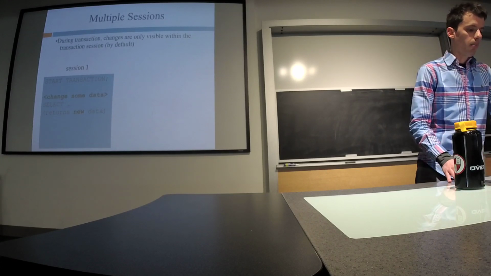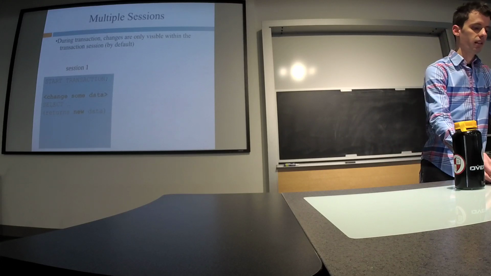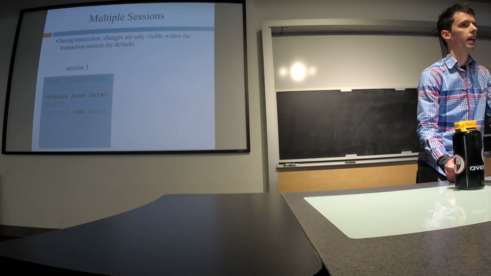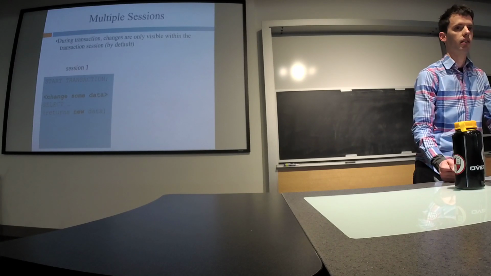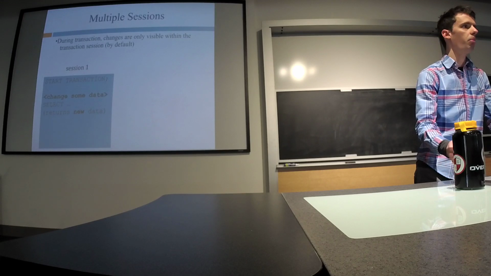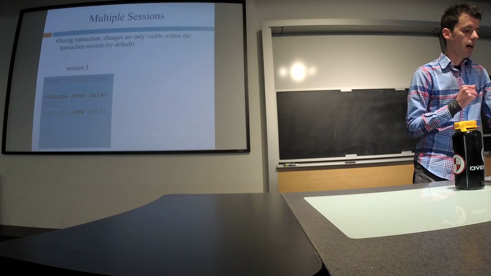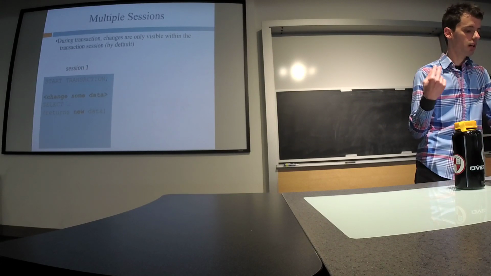By default, and there are ways you can change this, the changes made inside of a transaction are only visible inside of that transaction until you commit. So let's say over here in session 1, I start a transaction, I do some insert or delete or any kind of change.